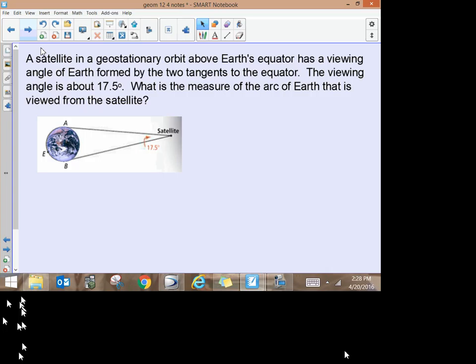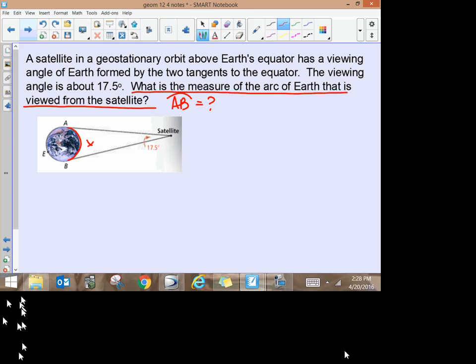Which arc are we interested in finding? Little arc AB, right? That's this one, not to be confused with the big arc AB. We would need to use 3 letters to name that one. So how do we figure this one out? I'm looking for AB, I'll call it x, because I know you love that variable.